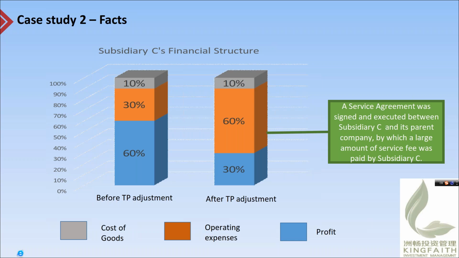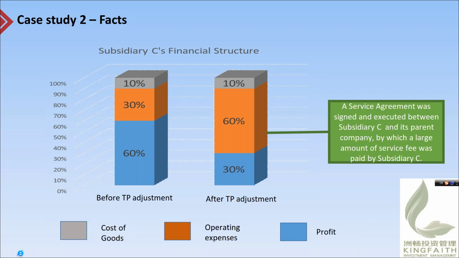Oh, sorry, it's right. I got it wrong. The cost of goods accounts for 10%, but operating expenses account for 30%, and then we have the profit accounting for 60%. That's before TP adjustment, but after TP adjustment, the cost of goods percentage remains the same, but the operating expenses rise drastically to 60%, and then we get the profit accounting for 30%.